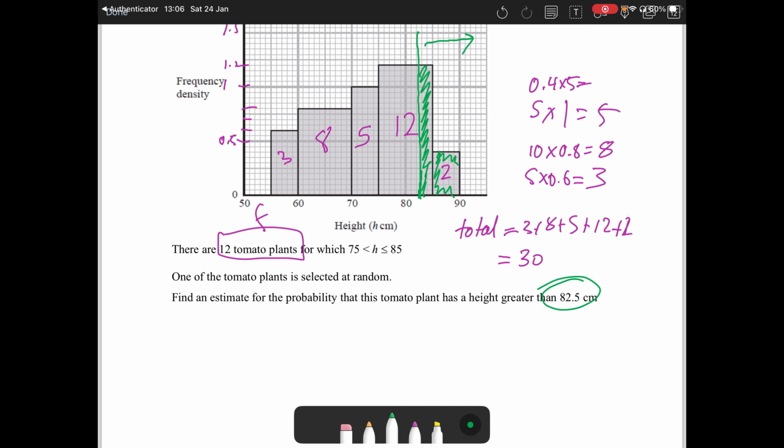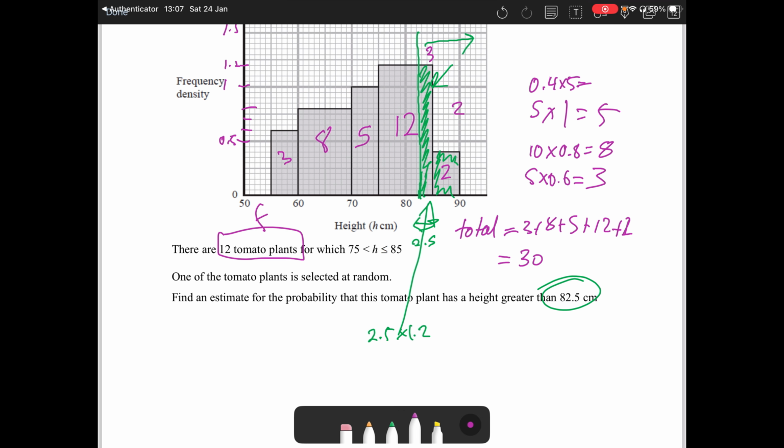Fair enough. But look, another way is this second bar here, the width would be 2.5. The height would be 1.2. So you do your 2.5 times 1.2, it's 3, isn't it? So look, it'd be 3 there, 2 there.